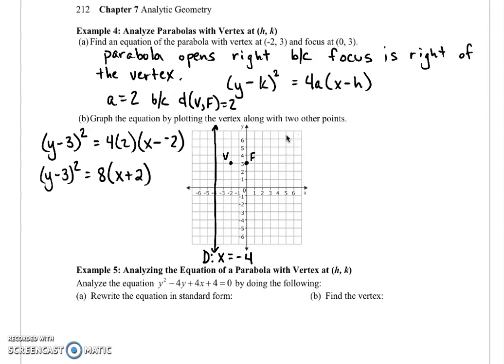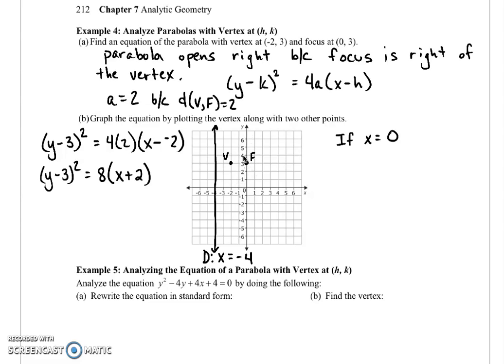All right, the couple other points. Let's let x equal, might as well make it 0. That's easy enough. And if you notice, I've picked the x-coordinate of the focus.